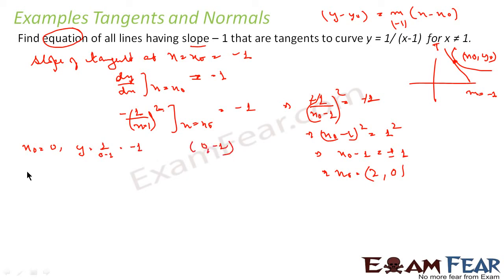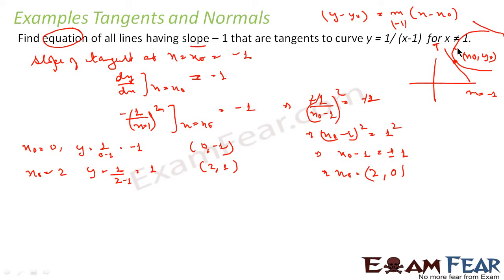In the second case, if I take x naught as 2, my y is nothing but 1 by (2 minus 1), that is 1 by 1, that is 1. So 2 comma 1. So I have two different points at which this is true. That means I have two different points somewhere on this curve, one point here and one point somewhere here maybe, for which the slopes are -1.